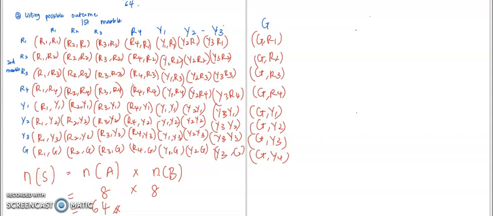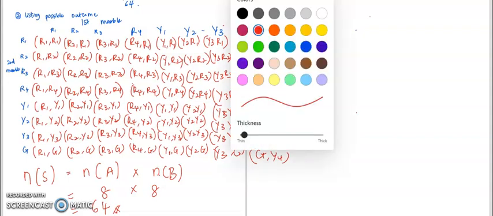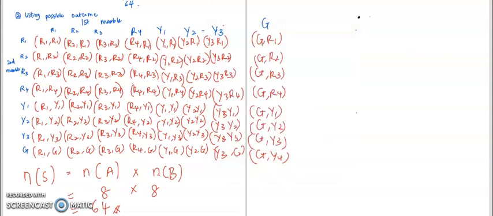Now we want to find the probability of getting 2 yellow marbles. Let's see that color. So focus on the yellow here, and also focus on the yellow here. So where do the 2 yellow meet each other?